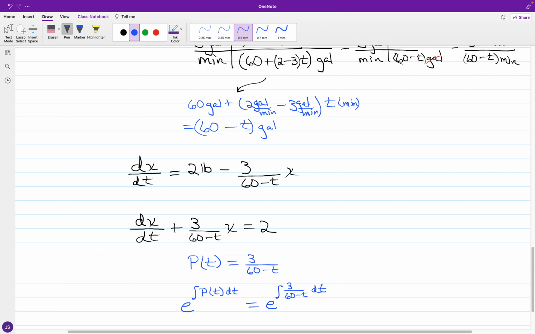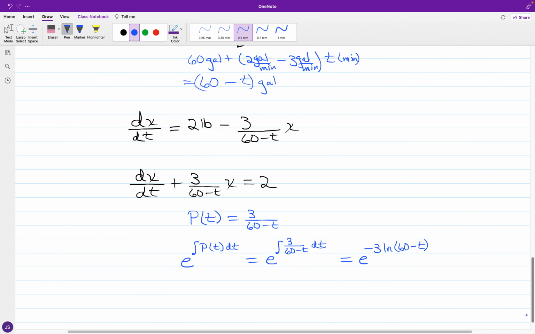And for what we're going to have in this particular case, all right, is that we're going to have a negative natural logarithmic term. So we have e to what's going to be the negative of 3 times the natural logarithm of 60 minus T. And we have in the rewrite just going from coefficient to exponent.